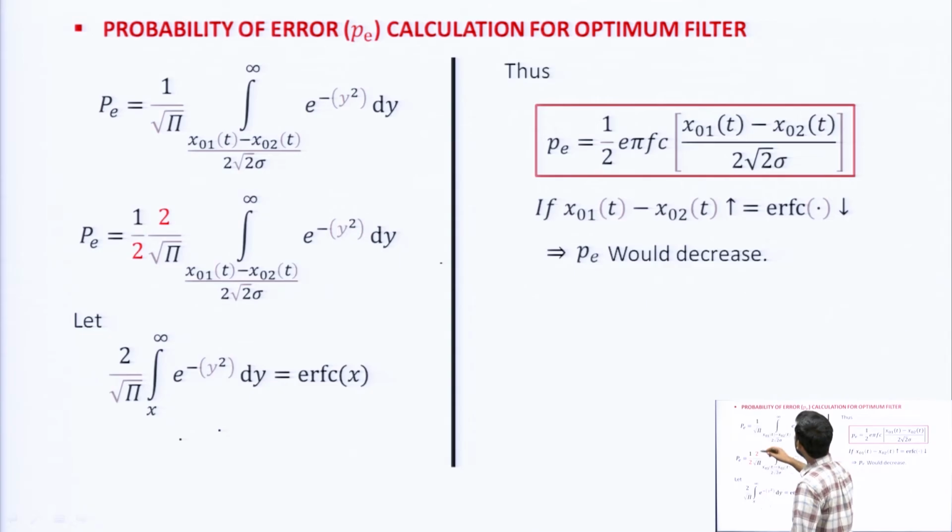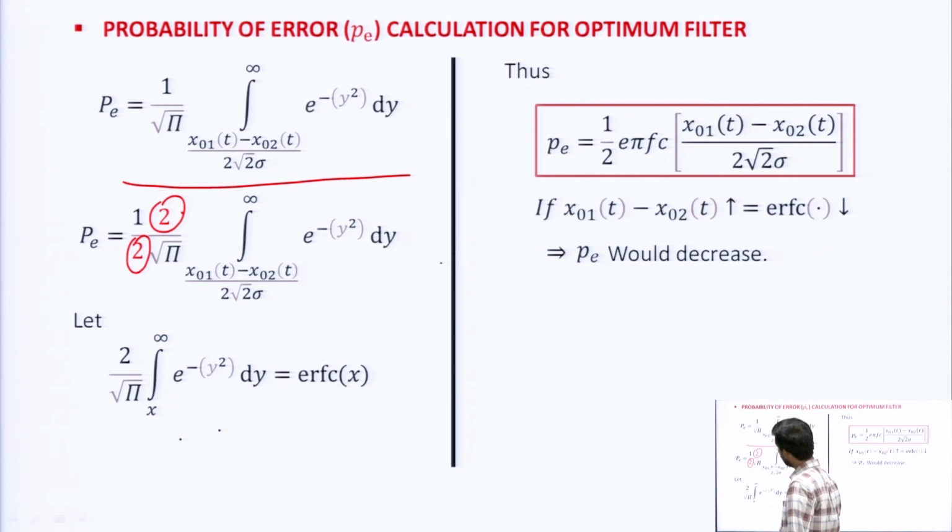So your probability of error, after simplifying this much, comes like this. Now I will multiply 1 in the denominator, multiply 2 in the numerator, and multiply the divided 2 in the denominator. Why am I doing this?